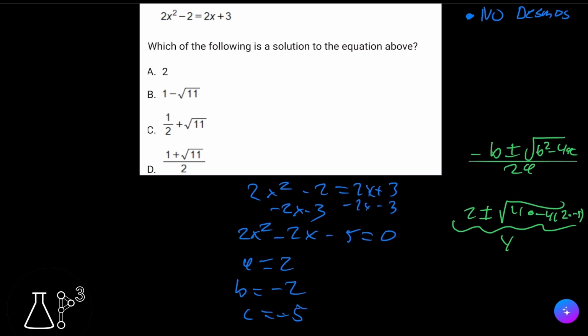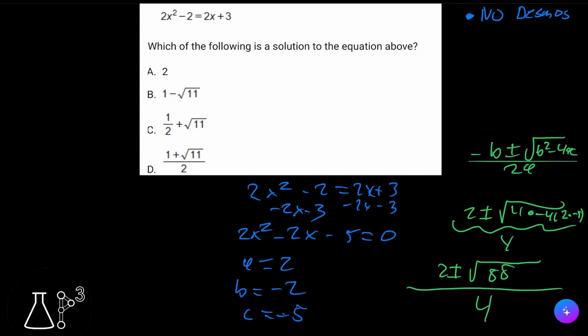So we simplify: I get 2 plus minus the square root, negative 4 multiplied by 2 equals negative 8, and then negative 8 multiplied by negative 5, I'm going to get negative 40. Yeah, positive 40, I'm sorry. So we're going to get positive 40, and then positive 40 multiplied by 4, I'm going to get positive 88, and then divided by 4.